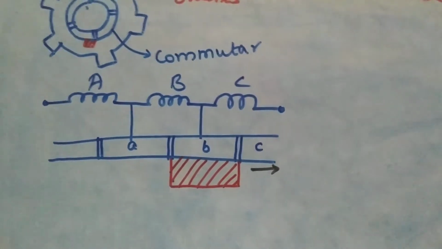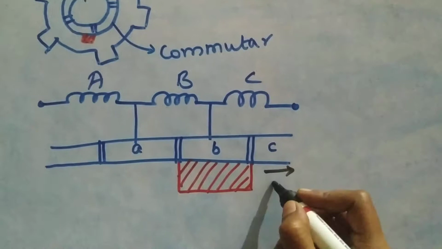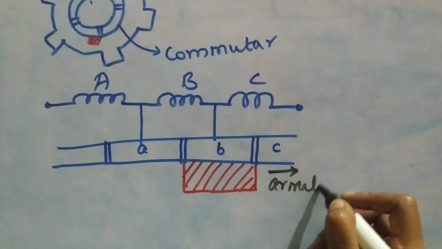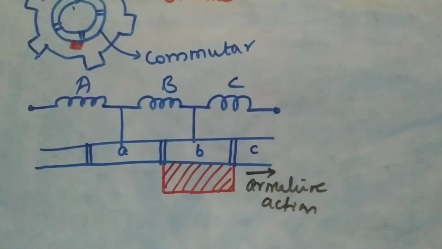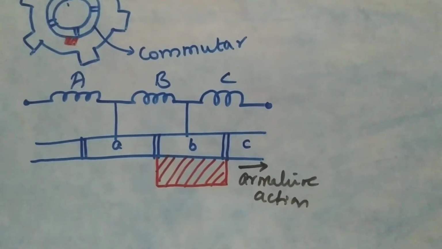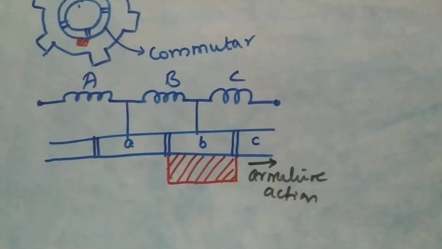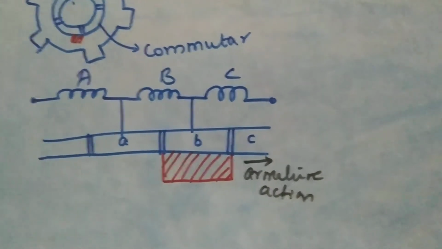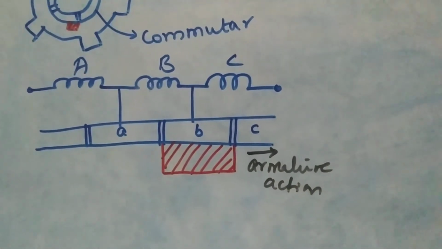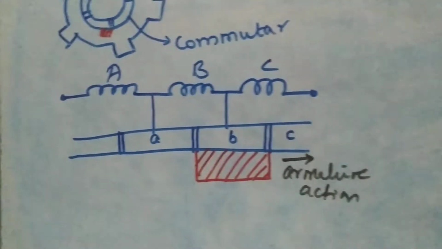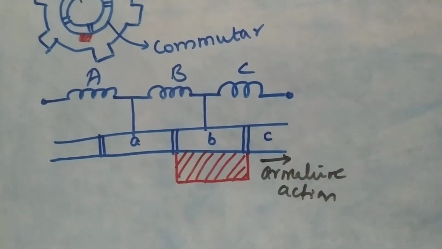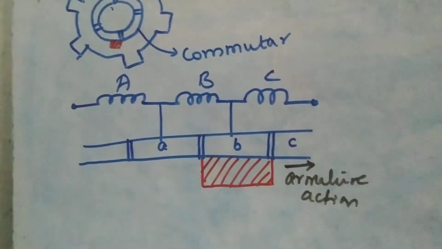So let me take this as the armature action. And let me consider one more assumption I would like to state: the width of this brush should be equal to the width of one commutator segment. Do you agree with this?